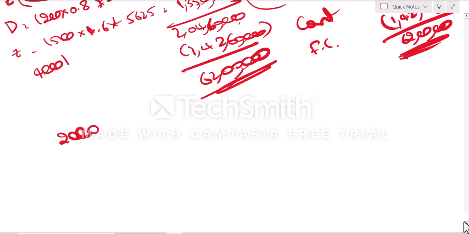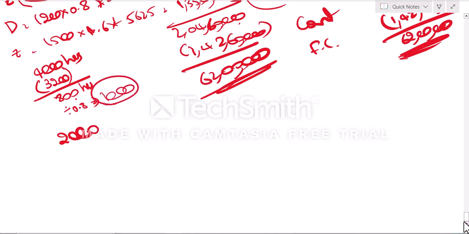We have 4000 machine hours, so we have 800 more. If we use 800 machine hours for D, how many units can we produce? Divide by the number of hours required for each unit: 800 by 0.8, 1000. So this will be the product mix if we do not have any pre-bookings.